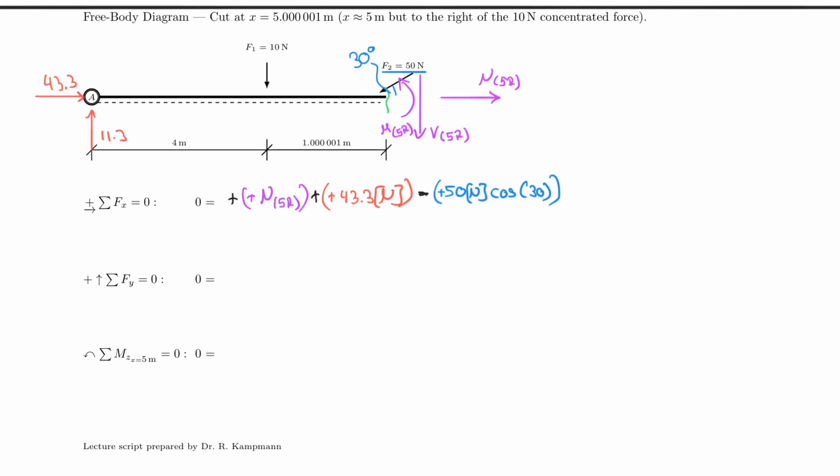And now the system is actually in balance before this force is actually applied. So the system from here to here is in balance. In fact, if you think back how you calculated the support reaction, you know that this 43.3 is just equal to 50 times cosine 30. And so now your normal force actually goes to 0. So we can say that therefore our normal force at 5 to the right is really equal to plus minus 0.